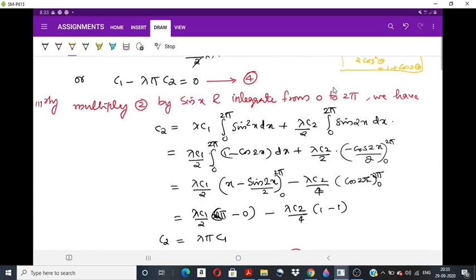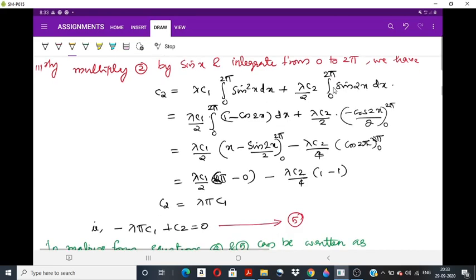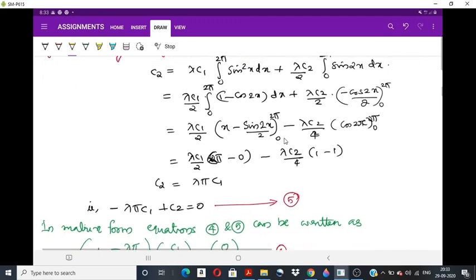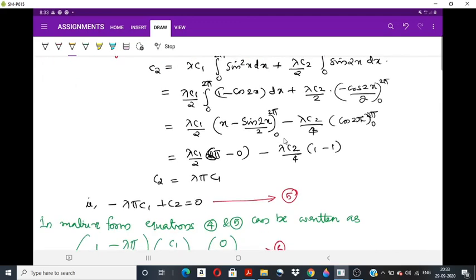Again, 2 sin square x is 1 minus cos 2x. Using that identity we can rewrite the integral, and then integrating the function and applying the upper and lower limits, we get the equation as minus lambda pi c1 plus c2 equal to 0.